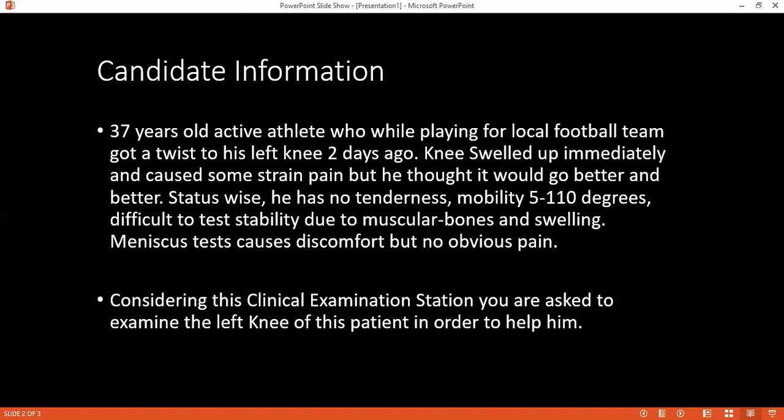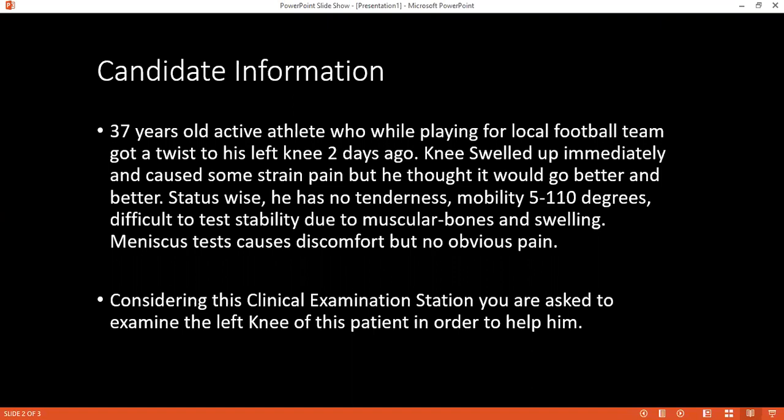Then I will go to the back and see whether there is any cyst in the popliteal fossa, and then I will see whether the patient came with any support like a crutch. Then I will ask the patient to walk, but as there is severe pain, I will not ask the patient to move or walk. And then after that, I will request the patient to lie down to proceed with my further examination.